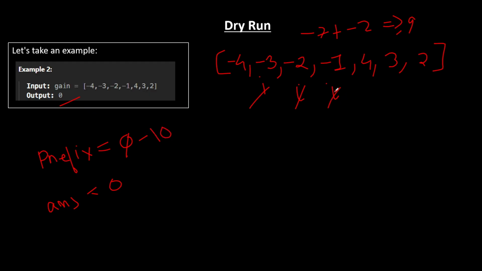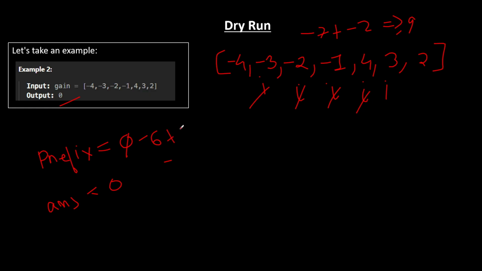Again, it goes to the next index. Here the value is 4, so we add 4. What do we get? We get -6. So our current prefix sum is -6, but it is still less than 0, right? We move ahead to 3.